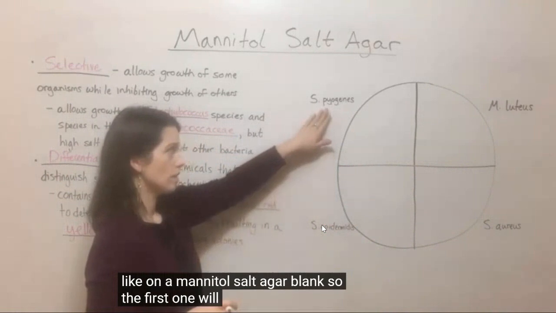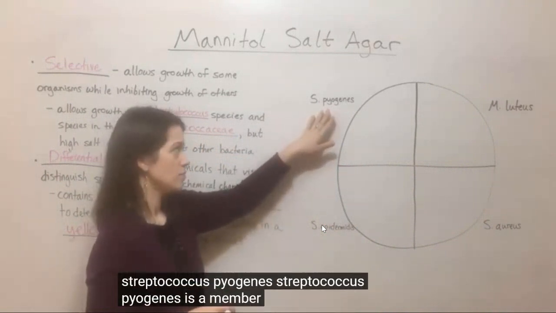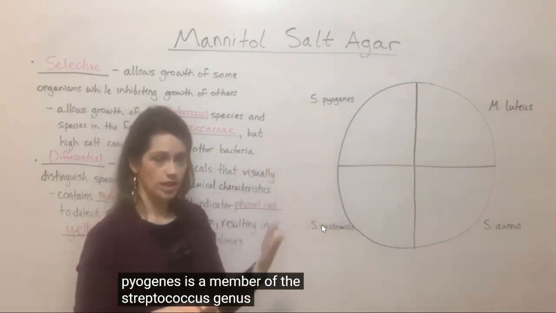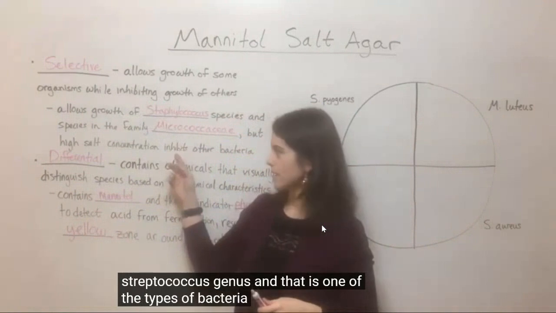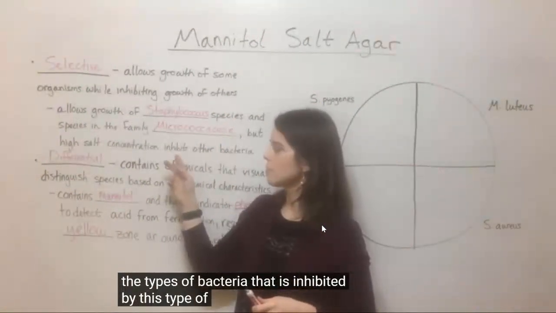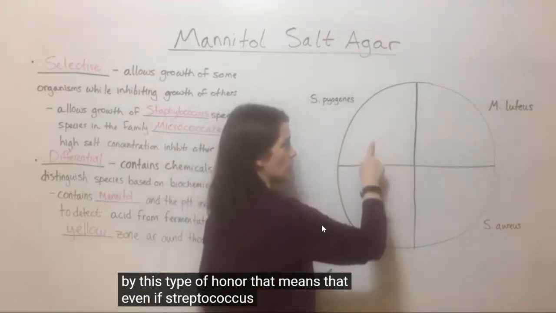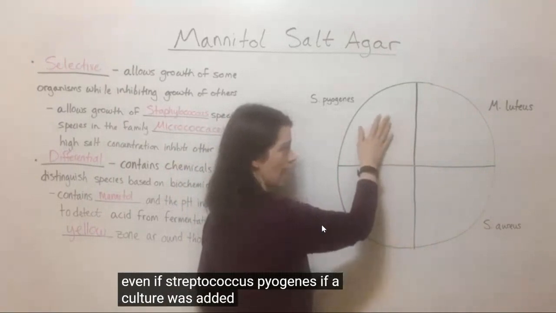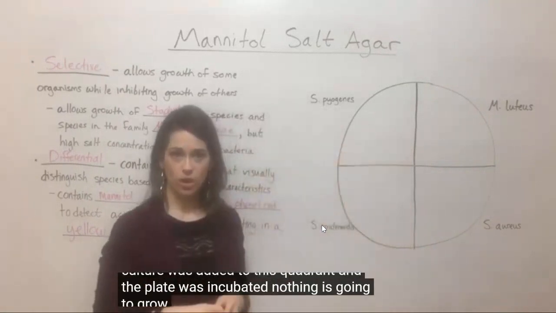So the first one we'll consider is Streptococcus pyogenes. Streptococcus pyogenes is a member of the Streptococcus genus, and that is one of the types of bacteria that is inhibited by this type of agar. That means that even if Streptococcus pyogenes, if a culture was added to this quadrant and the plate was incubated, nothing is going to grow.